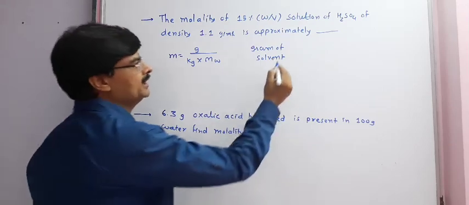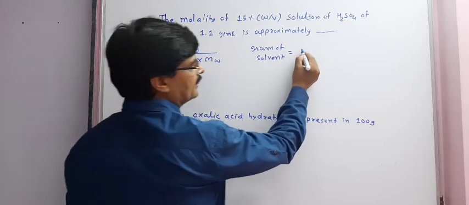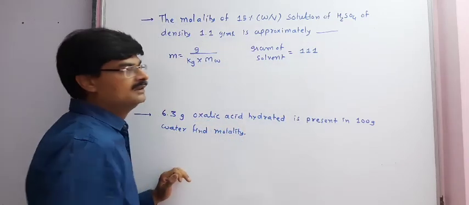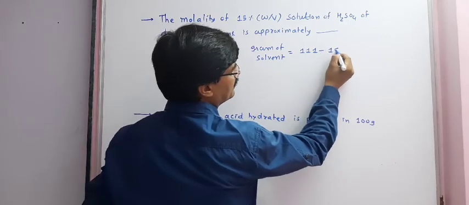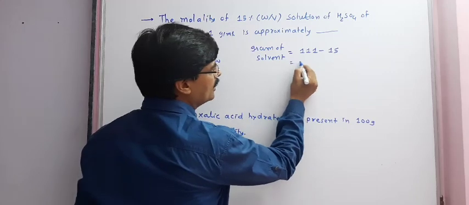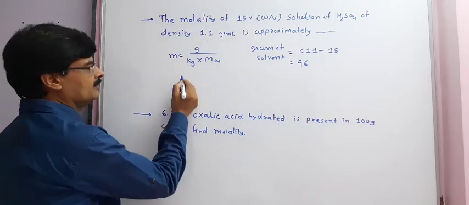Gram of solvent will be, as density is 1.1 gram per ml, so we can say 100 into 1.1, that is 110, minus 15, because 15% W by V solution is given, is equal to 95 gram. Gram of solvent is equal to 95 gram.